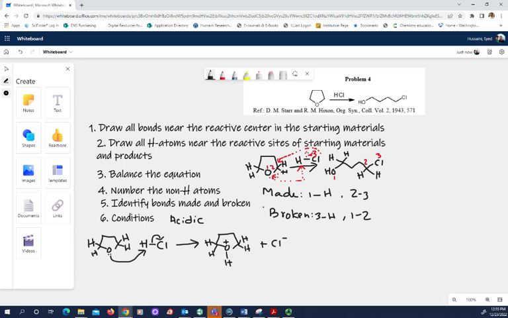So we see that the charge is here, and we can see that on 2 something is happening, and that is 3 is coming. So we take this and attack it onto this carbon over here and show this bond being broken to give you this product.